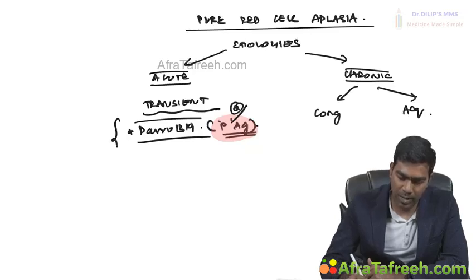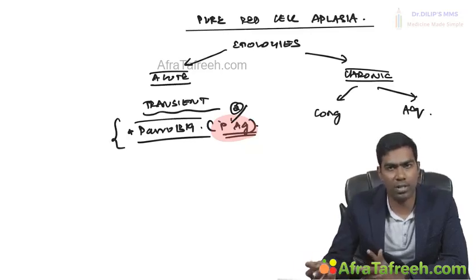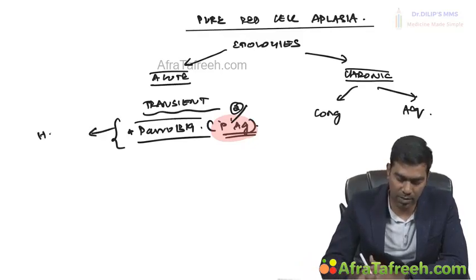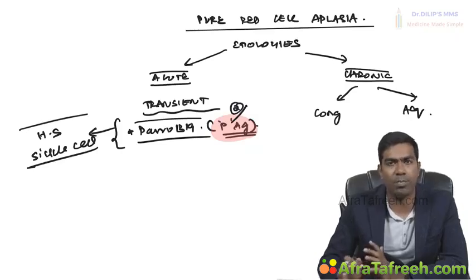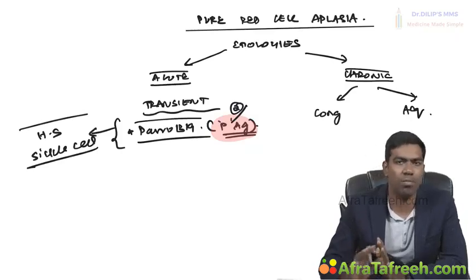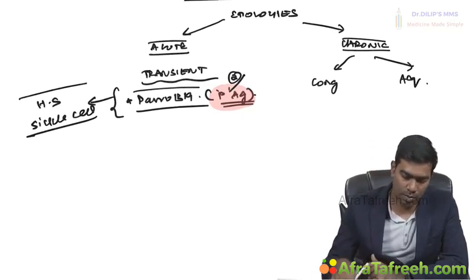Especially this parvovirus B19 related pure red cell aplasia is very significant in patients with hereditary spherocytosis and other hemoglobinopathies, especially sickle cell disease, where it is very, very important and significant.